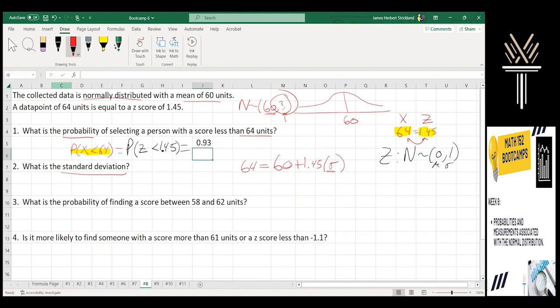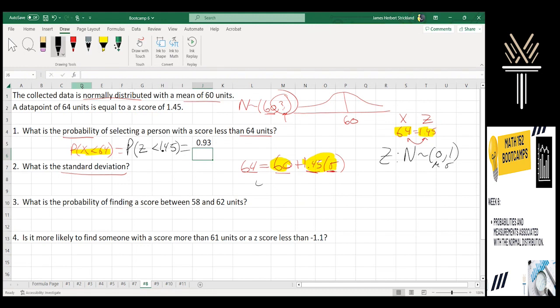So there's some number here, times 1.45, that when I add it to 60, I get 64. Well, if this is 60, this has to be 4 in order to get 64, because 60 plus 4 is 64.